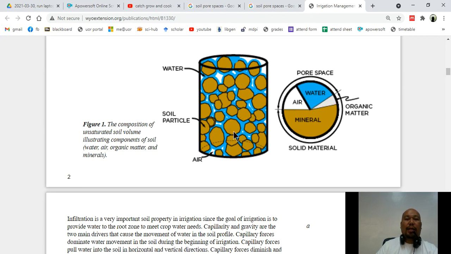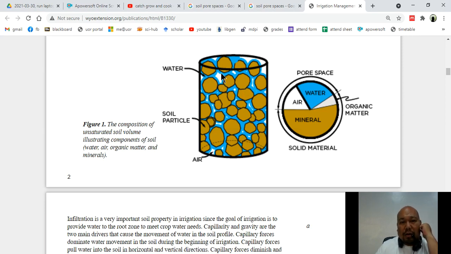Where is the water? Based on this, this is vacant pore space, and this one is full of water. This is an example of a macropore. It's big. Let's consider this one as a hypothetical micropore. And the brown ones are the soil particles. Where is the water?